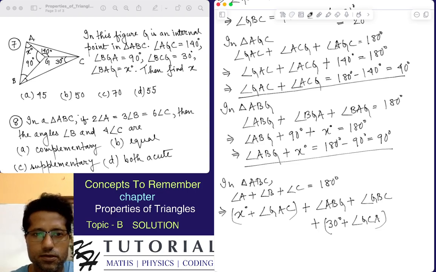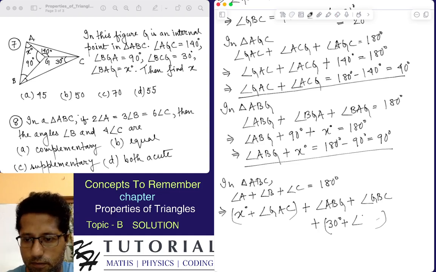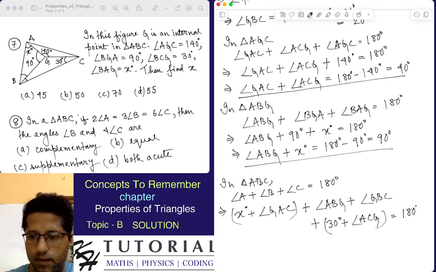Or we have used actually the angle, we have named it as angle ACG. So GCA and ACG are the same. We just need to use the same naming convention, ACG. So this is equal to 180 degree.